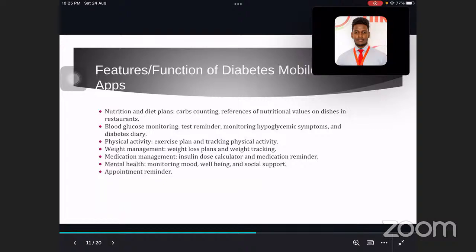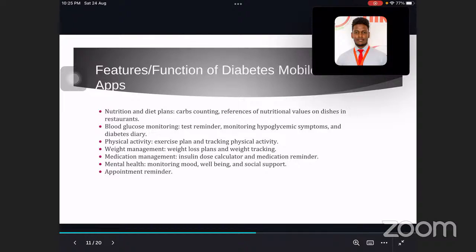This application can do nutrition plans, carbohydrate counting, references of nutritional values on dishes and restaurants, blood glucose monitoring like test reminders, monitoring hypoglycemic symptoms, and a diabetes diary.